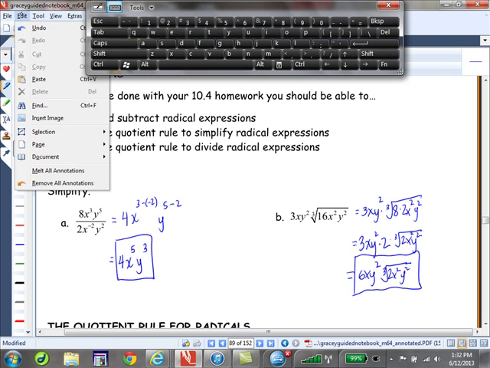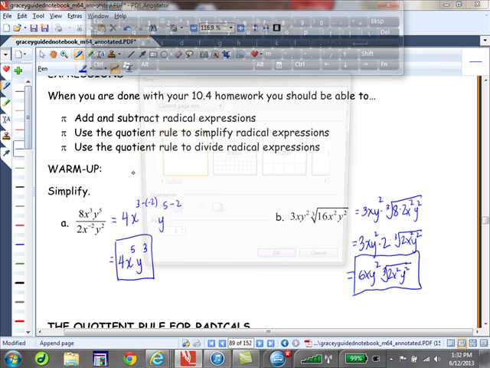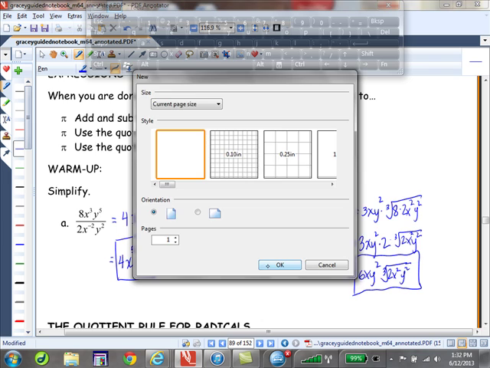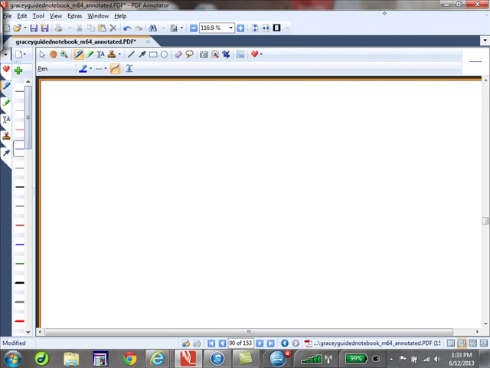File, edit, append page so it goes behind. And so what we'll have is a new section. So this section is adding and subtracting radical expressions.